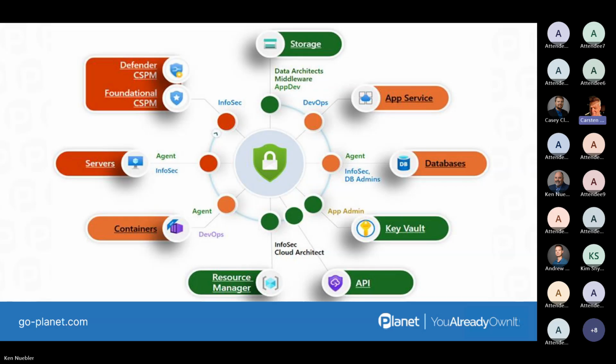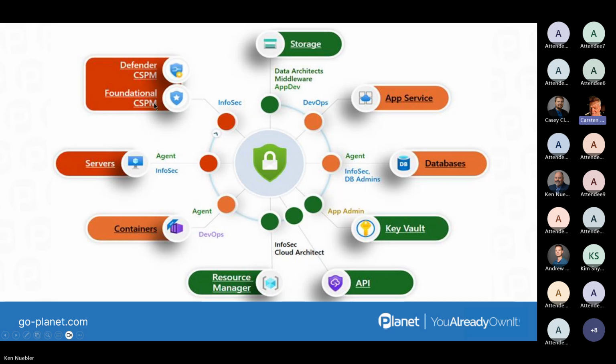All right, so we put a little bit of fancy graphic out here to show what the CNAPP is all about. And as you see, it now covers everything. You see the mention of agents here. We'll go back into more detail on what's actually happening under the hood. In the top left corner, Defender CSPM and Foundational CSPM are the two flavors I just mentioned.